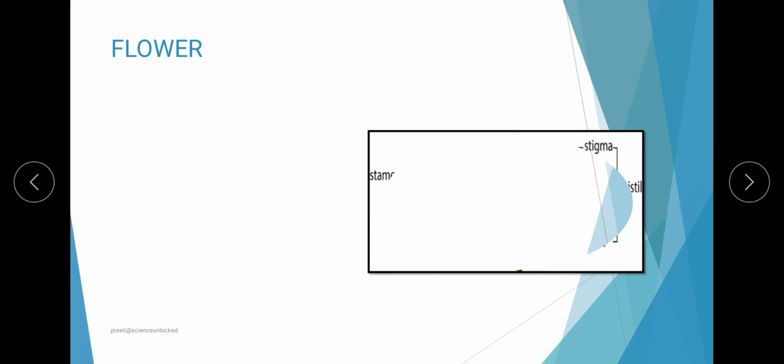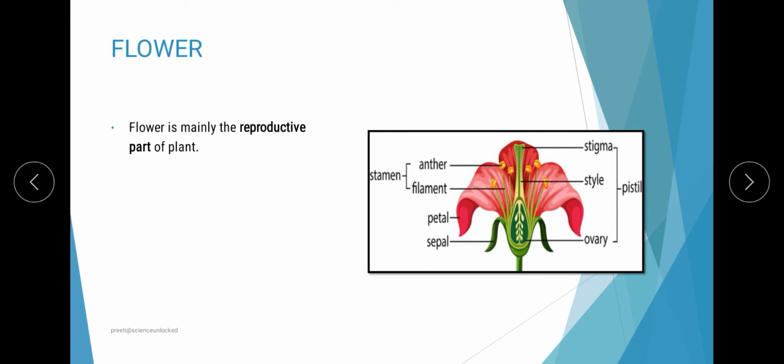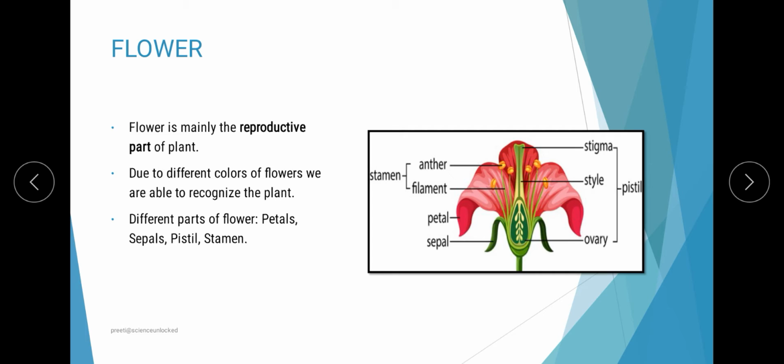Now the last organ that we have to discuss is the flower, which is also known as the reproductive part of the plant. It consists of four major organs: the petals, sepals, pistil and stamen. The best way to recognize flowers is by the colorful petals and the green sepals covering it all together.